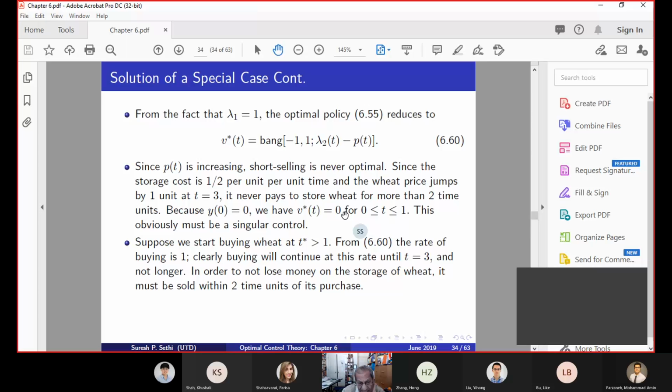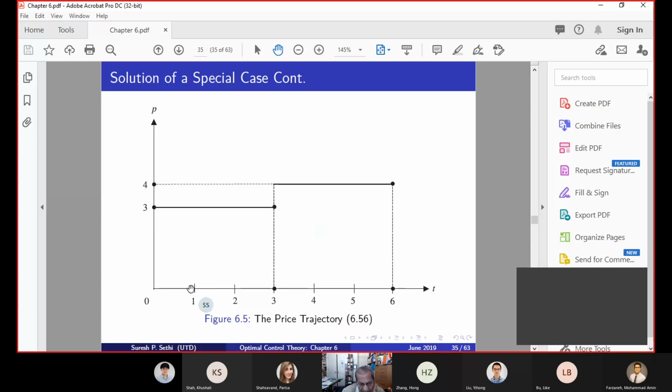So that means that because we have no wheat in the beginning, now look at this, what's going on. We have no wheat in the beginning, and I cannot store wheat more than 2 periods, which means that from 0 to 1, I cannot buy anything. There's no reason for me to buy anything because I will sell only starting at 3, and if I sell starting at 3, buying here means I have to pay extra hoarding cost.